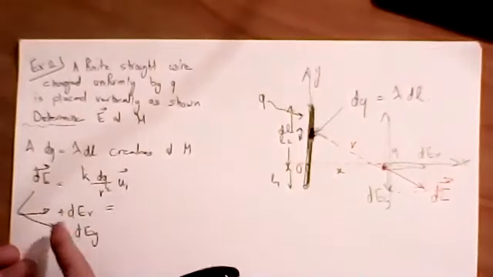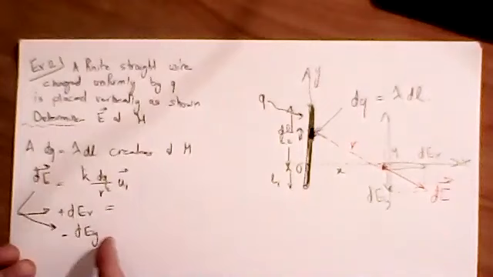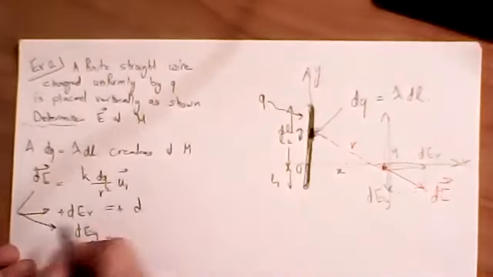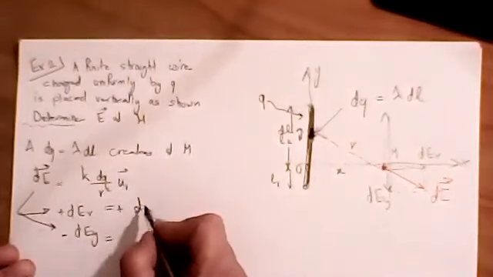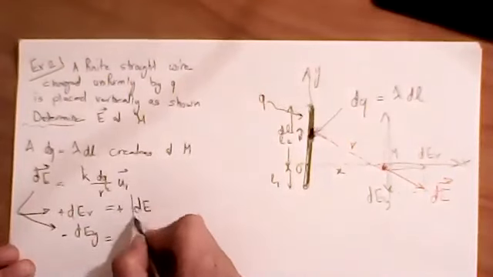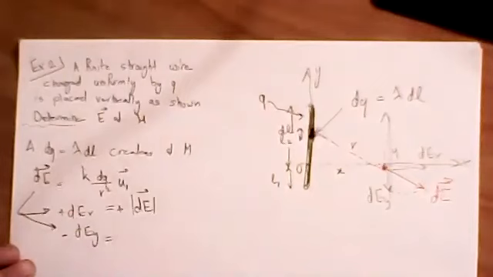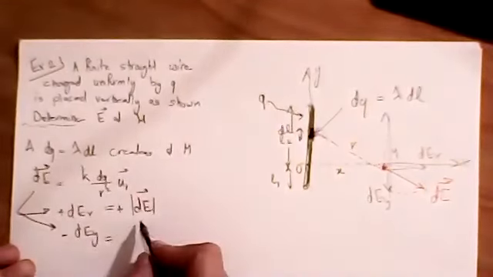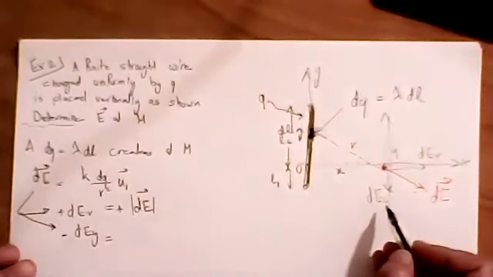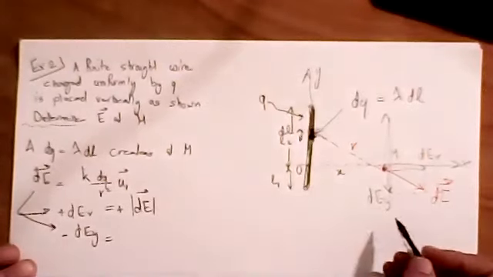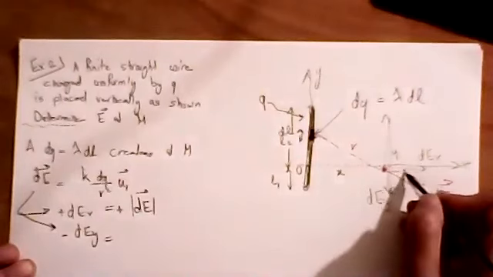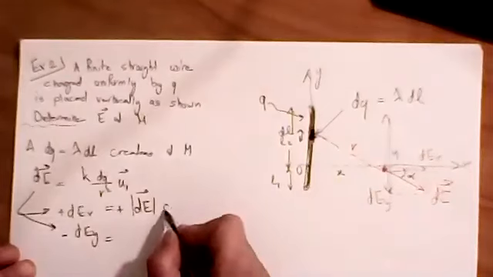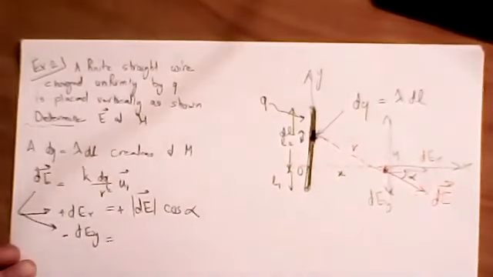Now what is DEX and what is DEY? DEX is a plus, with the magnitude of DE, either we put it without the absolute value but remove the arrow, magnitude of DE times cosine or sine depending on how I define the angle. Let's say I define the angle between DE and the x axis, so it is cosine alpha.